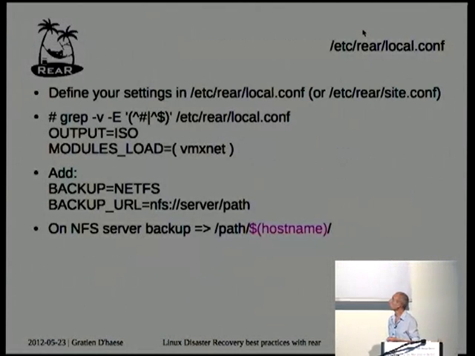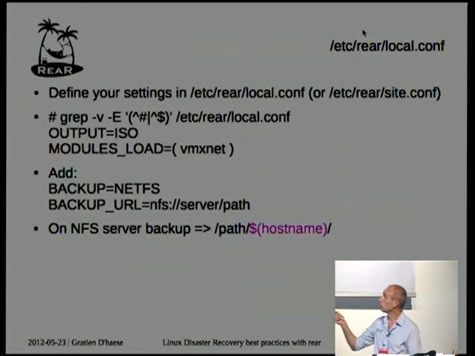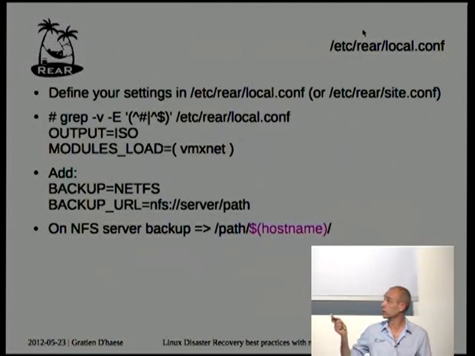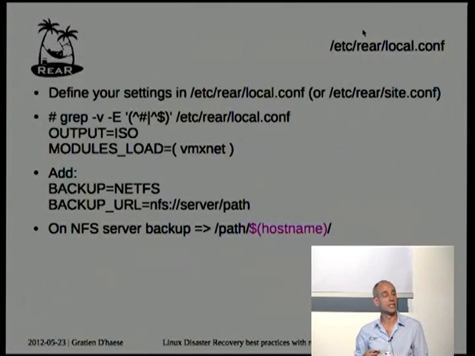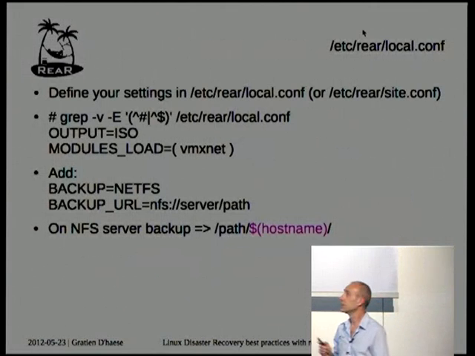As I said, the local configuration file, by default, there's not much in it. That's the default ISO for the output, and module here, but okay, that's not so important, it's only for VMware. If you decided to use NetFS as a backup mechanism, you have to add backup NetFS, and also the backup URL, which is the location and the mechanism.